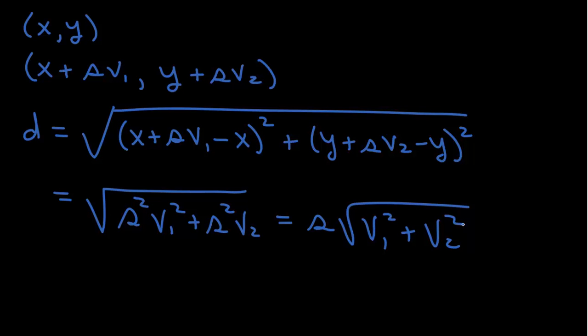Okay. Does everybody see that? In other words, the distance from (x, y) to (x plus s v1, y plus s v2) is s times this. Has anyone recognized this? What is that? Yeah, that's the magnitude of v.